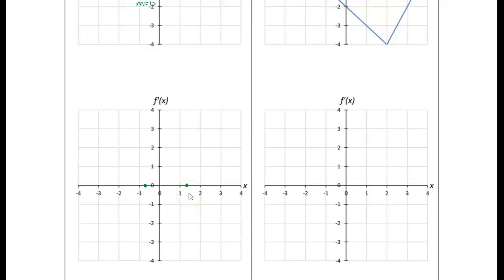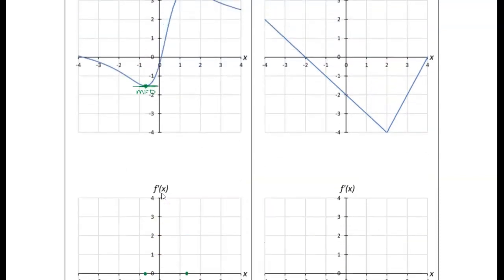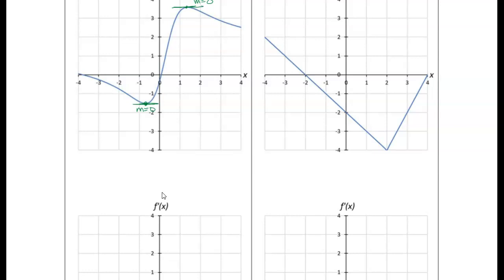Okay, so now let's look at where the slope is positive and where it's negative. Where is it increasing and where is it decreasing? So it looks like it's decreasing over here on the left-hand side of the curve, right? This is obviously a negative slope over here, right? So it's decreasing over here. So that means it's going to be below the x-axis.